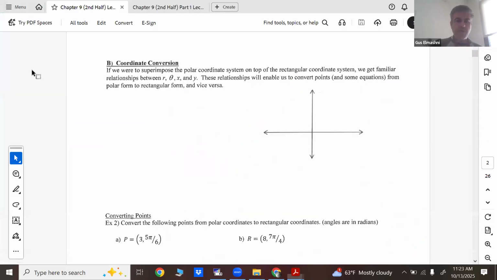Generally speaking, we know this. We'll call this a right triangle. That's x, that's y, that's r. You would agree with this so far, right? And we'll call this theta, by the way. Would you also agree with this?